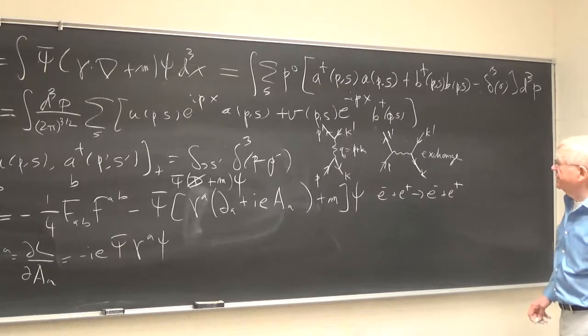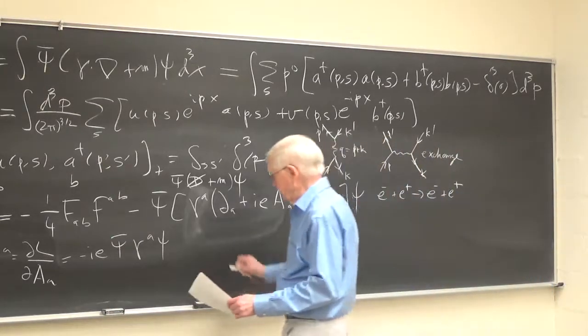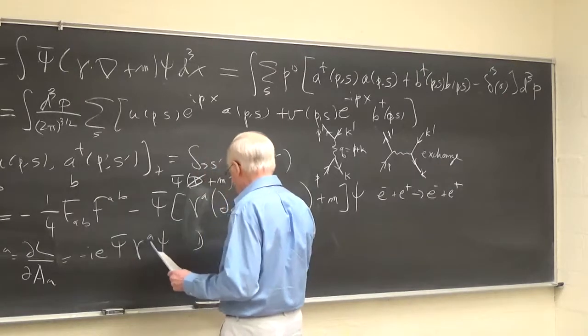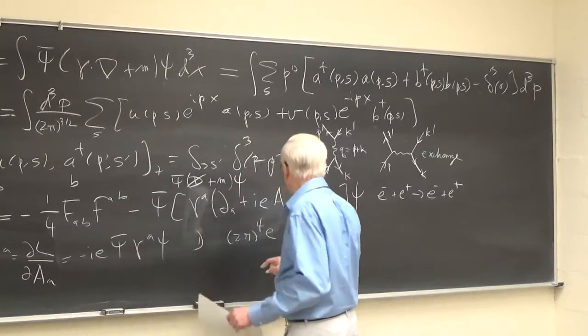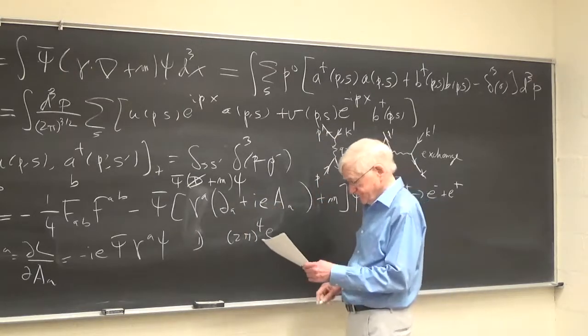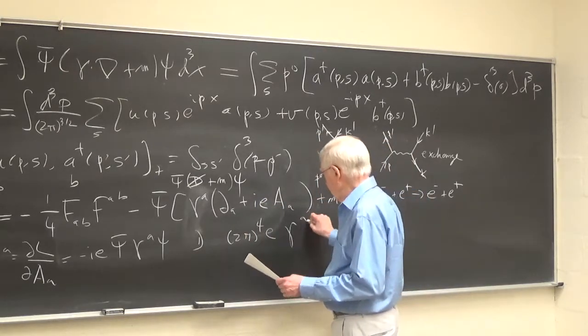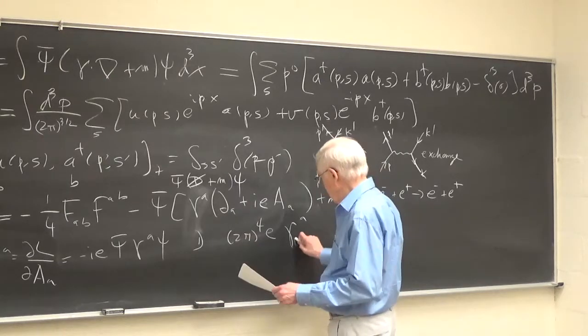Anyway, what are the rules? Rule 1: at each vertex you write down 2 pi to the 4th, i e, gamma A, beta alpha.